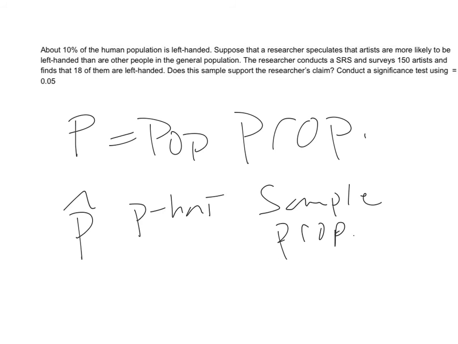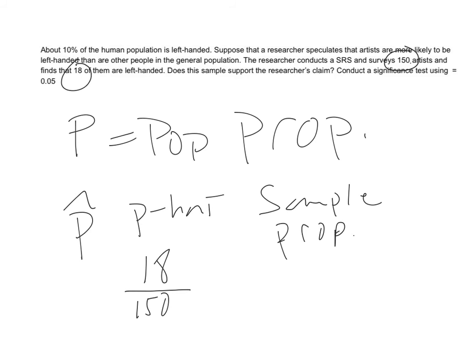So for this sample, we had 150 people, 18 left-handers out of 150 people. So we're going to do 18 as our part, and 150 is our whole. And if we make that a decimal, let's see, 18 divided by 150.